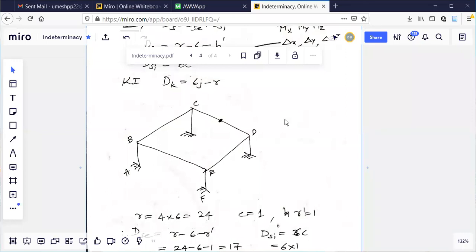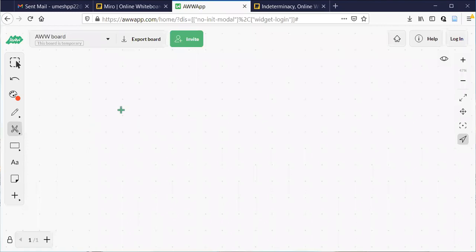I'll show you here. One is Mx, moment about x-axis, My, Mz. For equilibrium, Mx must be 0, My must be 0, Mz must be 0.